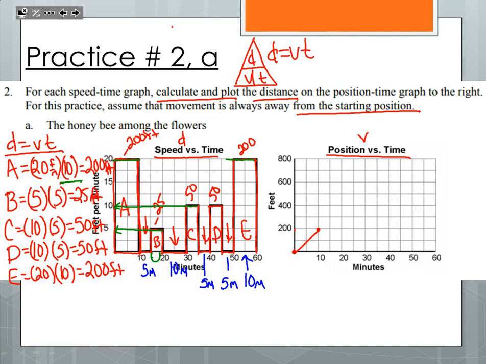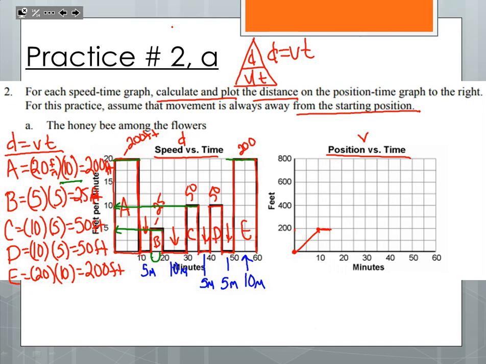Then the next one says that he stayed there, and he actually came to a stop. But when we look at position, we wouldn't automatically go down. If he came to a stop, because he stayed there for how long? 5 minutes.